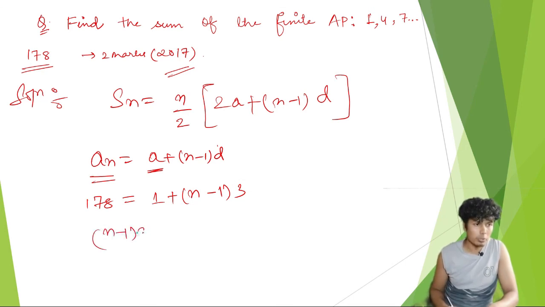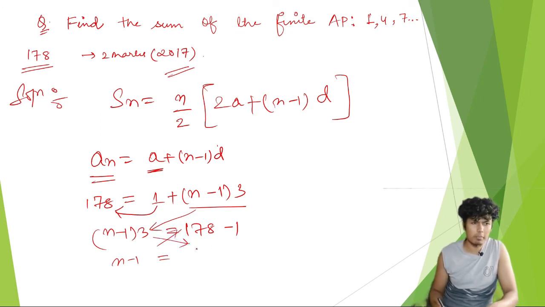So (n minus 1) into 3 is equal to 178 minus 1. We have taken this one to this side. Cross multiplication: 178 minus 1 is 177, divided by 3.